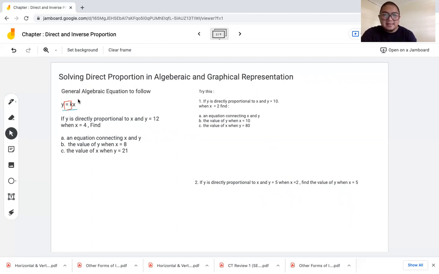So in here, you will see that I boxed this equivalent to kx, which automatically means, in the word problem, is directly proportional to.